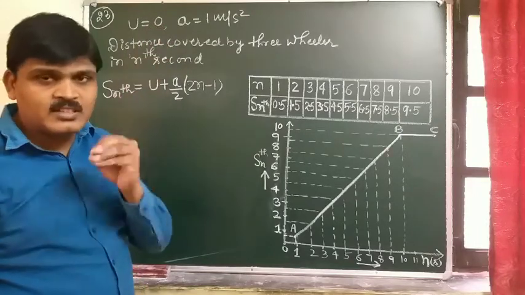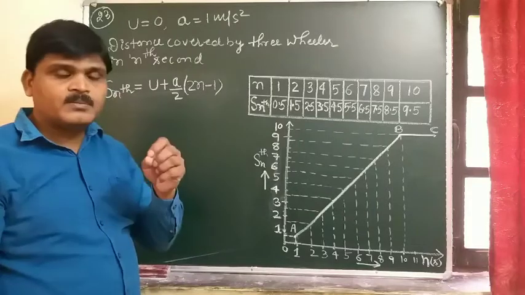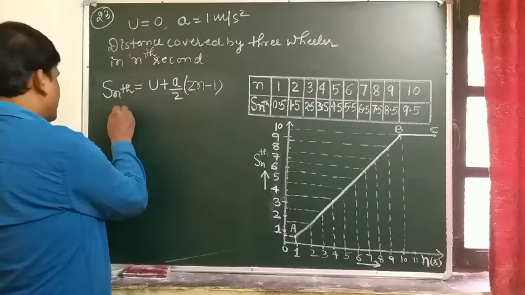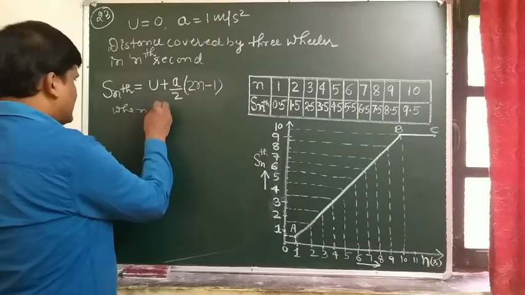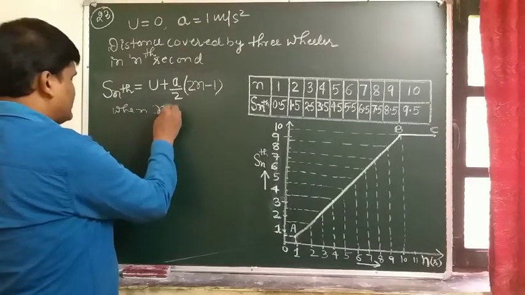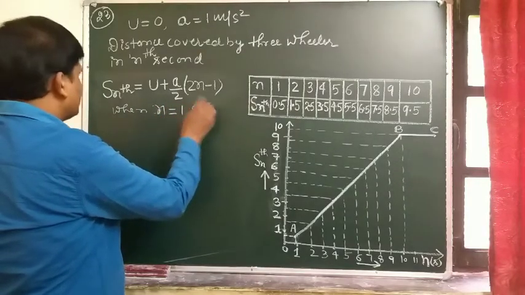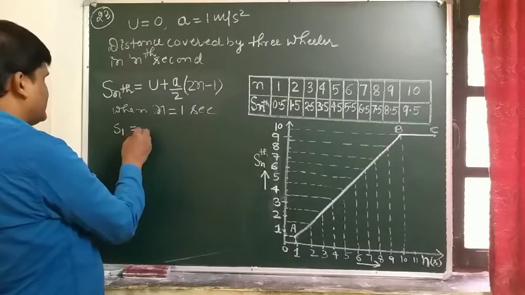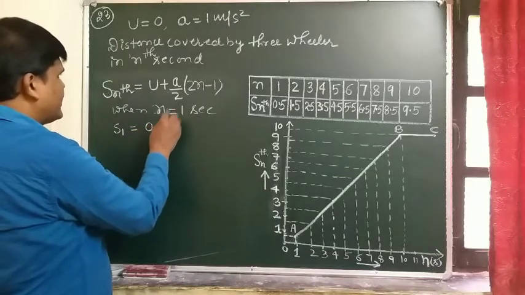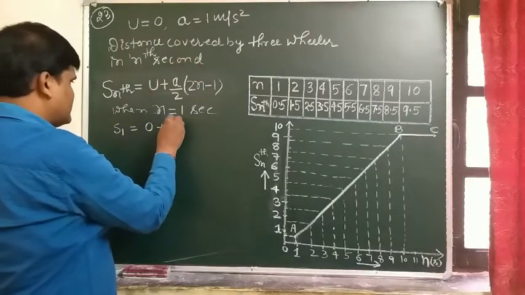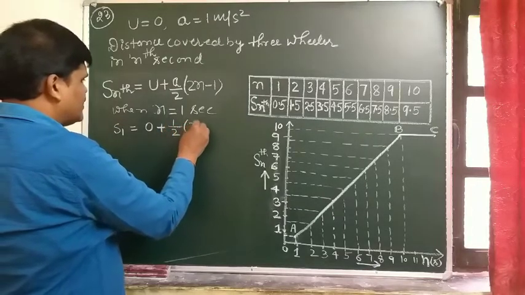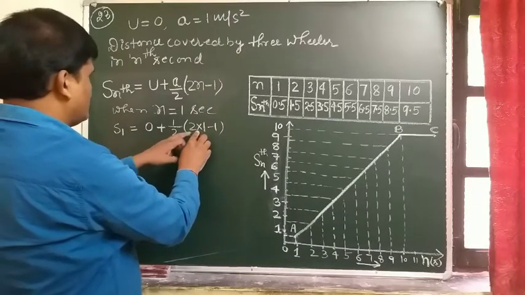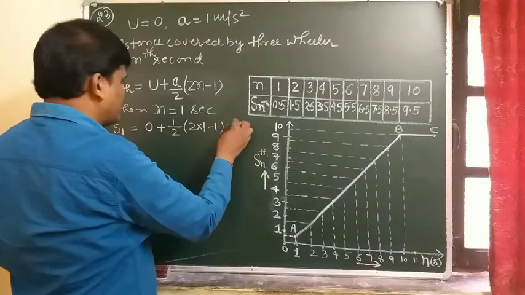So what is the distance traveled by the three-wheeler in the first second, when n equals 1? S1 comes out to be 0 plus a, that is 1, by 2, into (2 minus 1), which is 1 by 2.